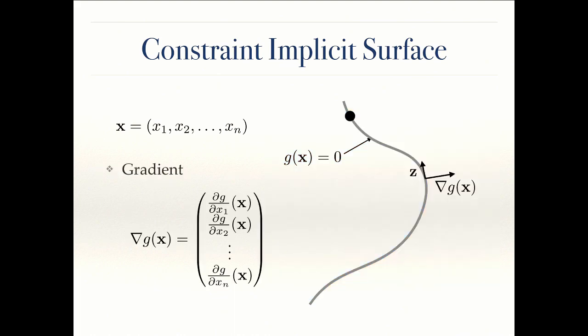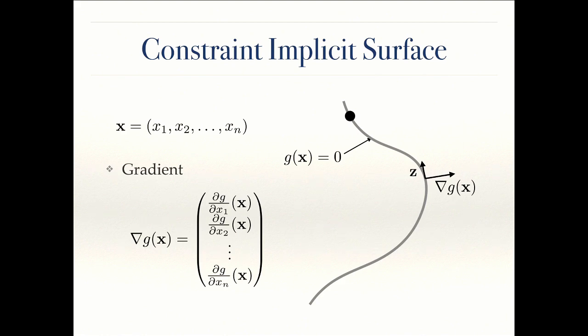An important quantity in constraint mechanics and these Lagrange multiplier methods is the gradient of the constraint. The gradient of the constraint is equal to the vector whose components are the derivatives of the constraint equation with respect to each variable. So there it's listed dg/dx1, dg/dx2, etc., up to dg/dxn.